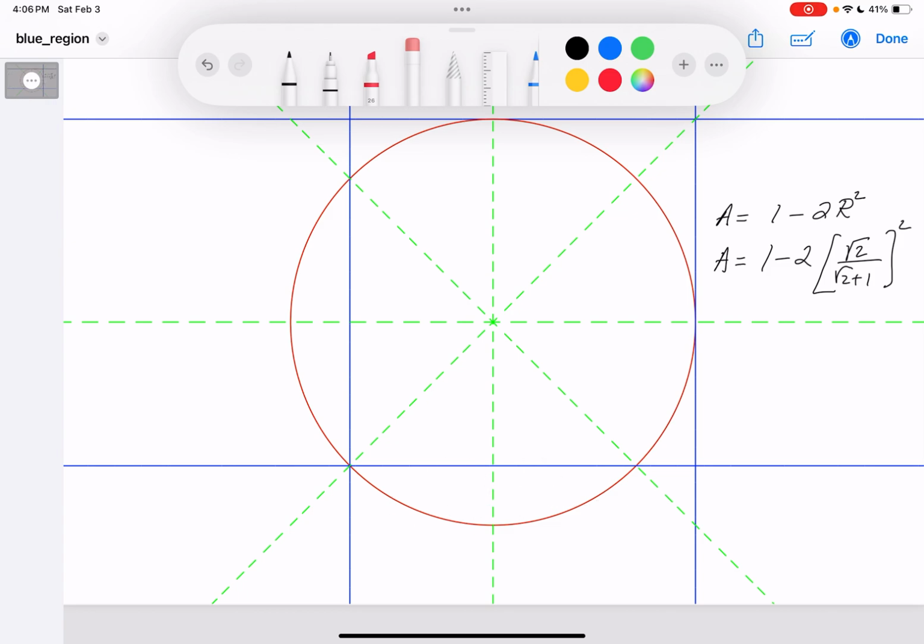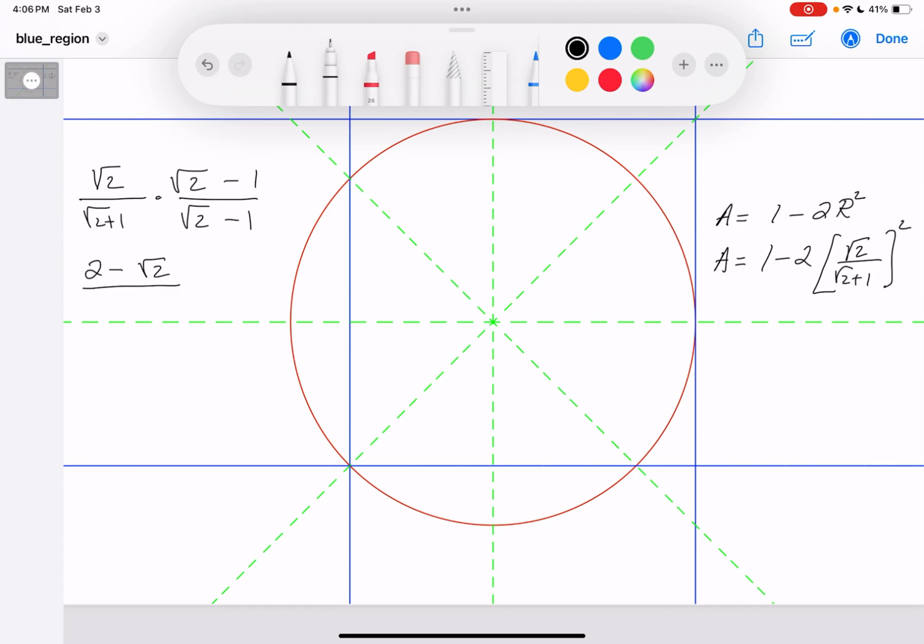Now, before I square that thing, which looks pretty complicated to square, I'm going to simplify it. So it's going to be root 2 over root 2 plus 1. I can multiply top and bottom by the conjugate, root 2 minus 1. Now, if you multiply the top, what do you get? You're going to get 2 minus root 2.